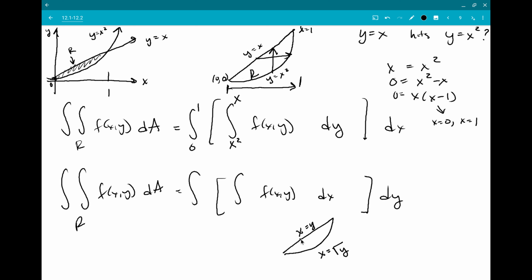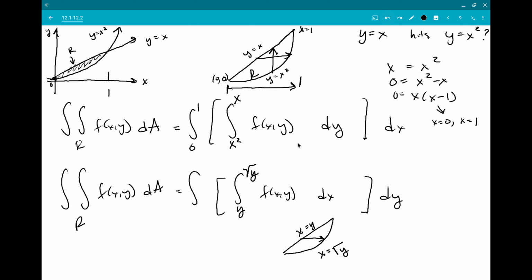And so when I integrate with respect to x, I go left to right. So my leftmost curve is x equals y. So I start down at y. And then my rightmost curve is x equals square root y. So I go all the way up to square root y. And that's true everywhere on the contact lens.